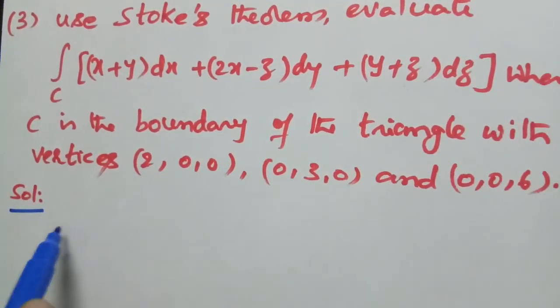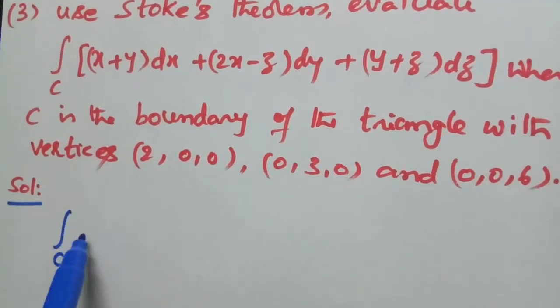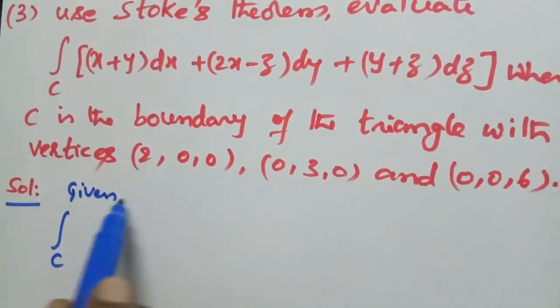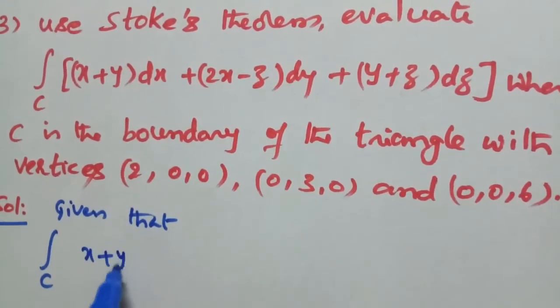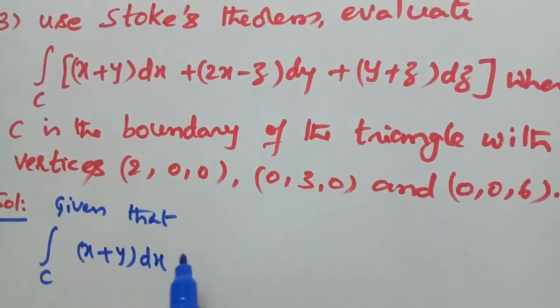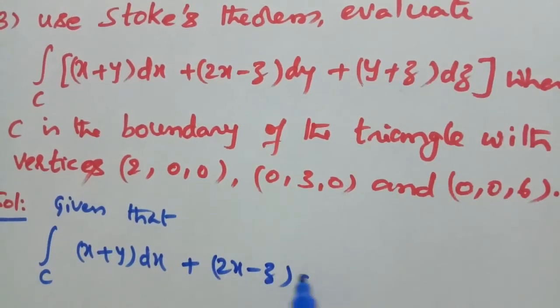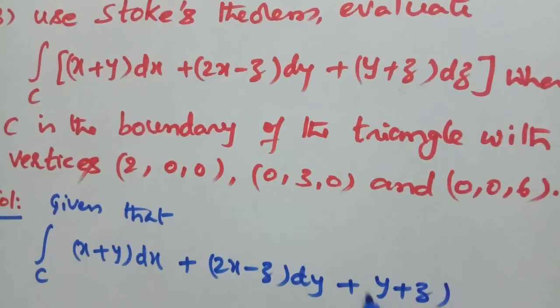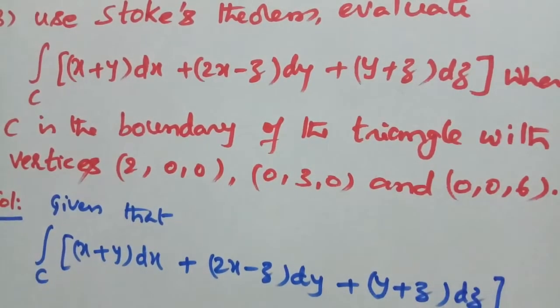First, write the given integral over C of (x plus y) dx plus (2x minus z) dy plus (y plus z) dz.